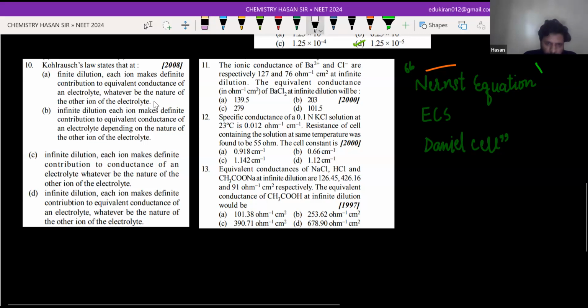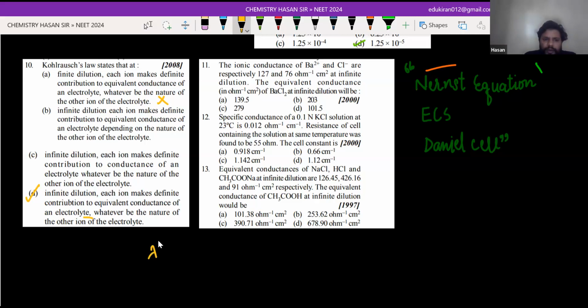See, if you are going for the 10th, Kohlrausch's law states that at infinite dilution each ion makes a definite contribution to the equivalent conductance of an electrolyte, whatever be the nature of the other ion of the electrolyte. This is a wrong statement. What does Kohlrausch's law state? It states that at infinite dilution, each ion migrates independently. So according to that statement, D is the correct answer. At infinite dilution, each ion makes a definite contribution to equivalent conductance of an electrolyte, whatever be the nature of the ion of the electrolyte, whether it is strong or weak.